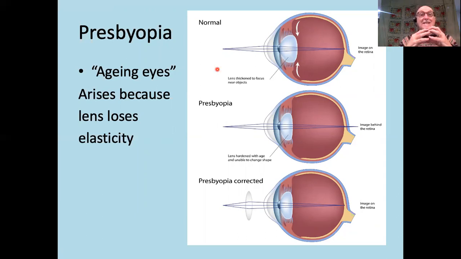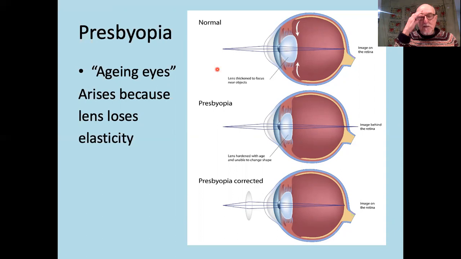And it always remains a little bit flat. And it becomes very difficult to focus on some objects which are close by. Instead, you have to move them further and further away in order to form a clear image.